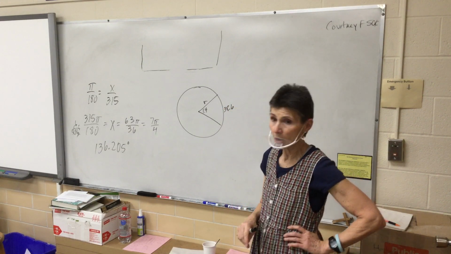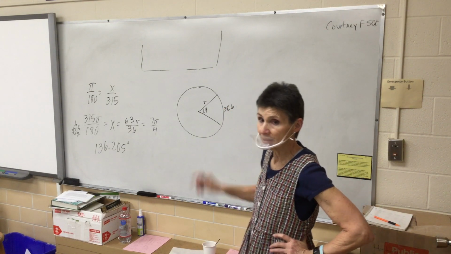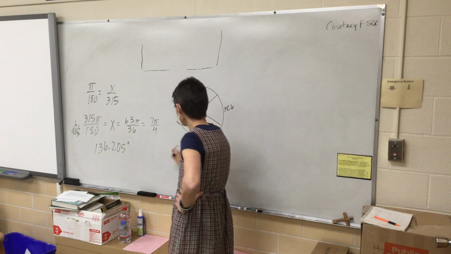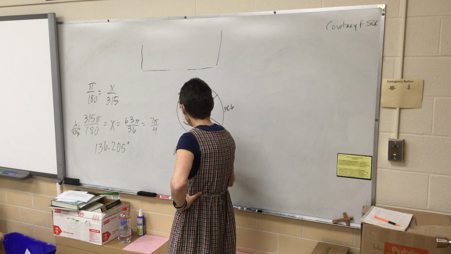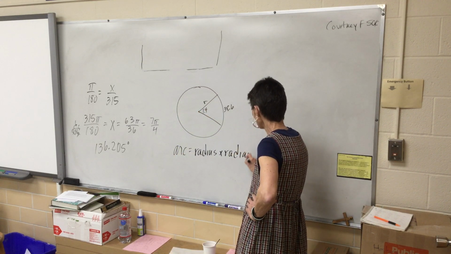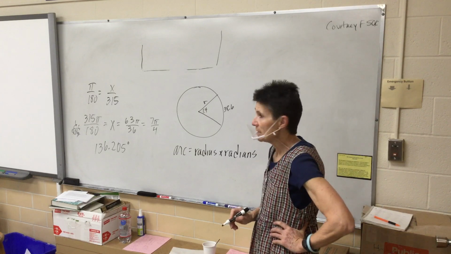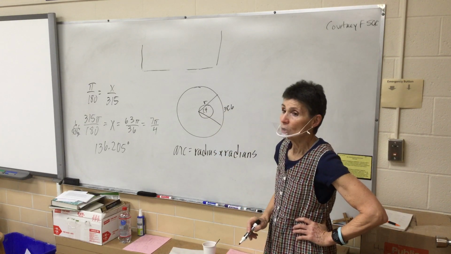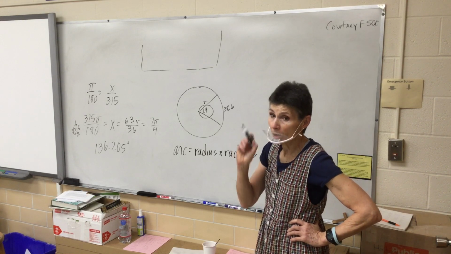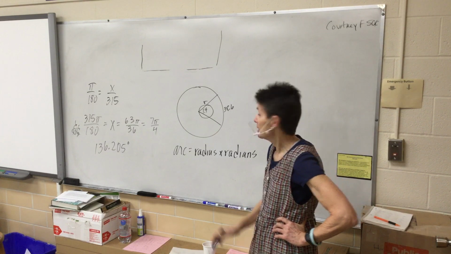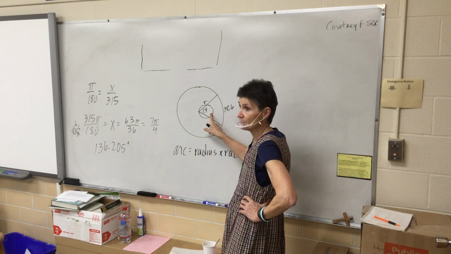Not that you have to draw a picture, but that would be the picture. And we know that arc length equals radius times radians. And we know that when an angle measure is given with no mark on it, no degree mark or anything else, it's a radian measure. So this is a radian angle.